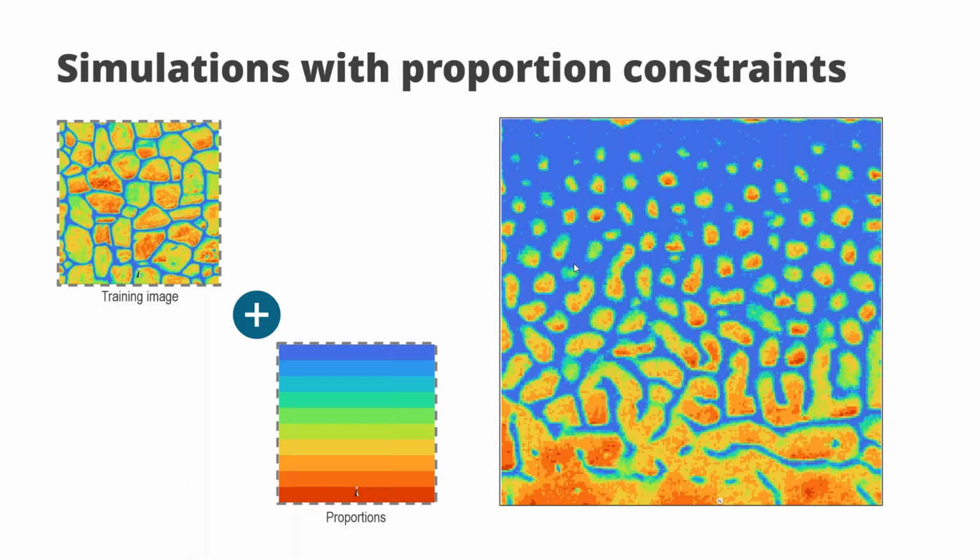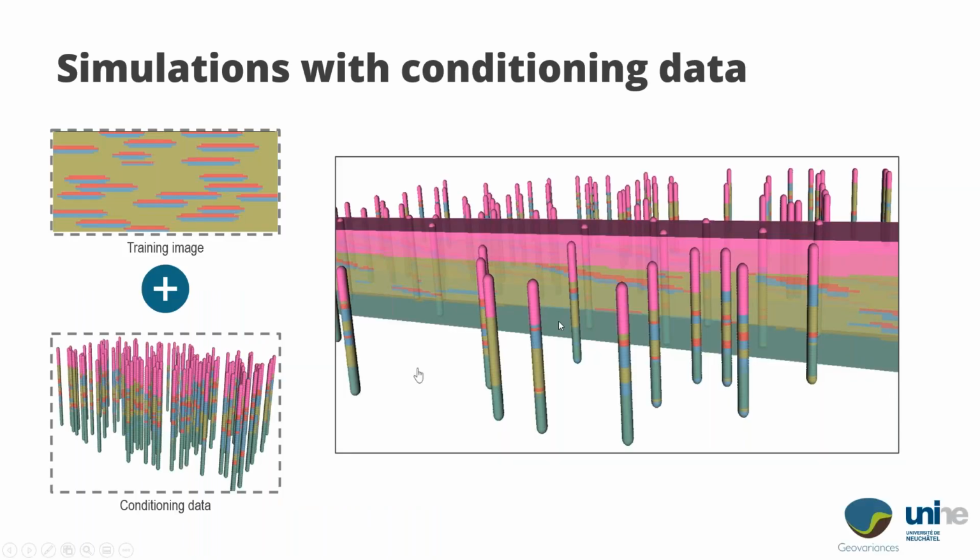The last example that I want to show you concerning the constraints that we can put, the different options that we have, is if we want to work with hard data. So in this case, we always work with the training image, so we can have something like that.